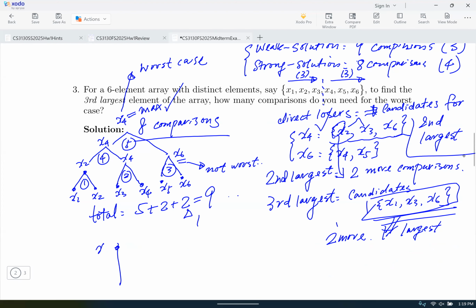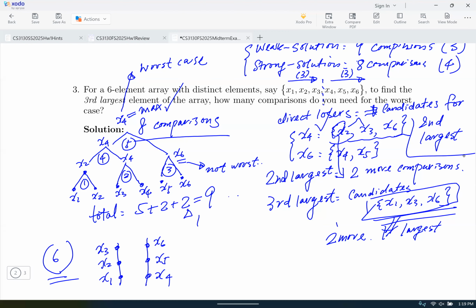This assumption has no problem. x6, x5, x4. Remember, we used 6 comparisons, right?